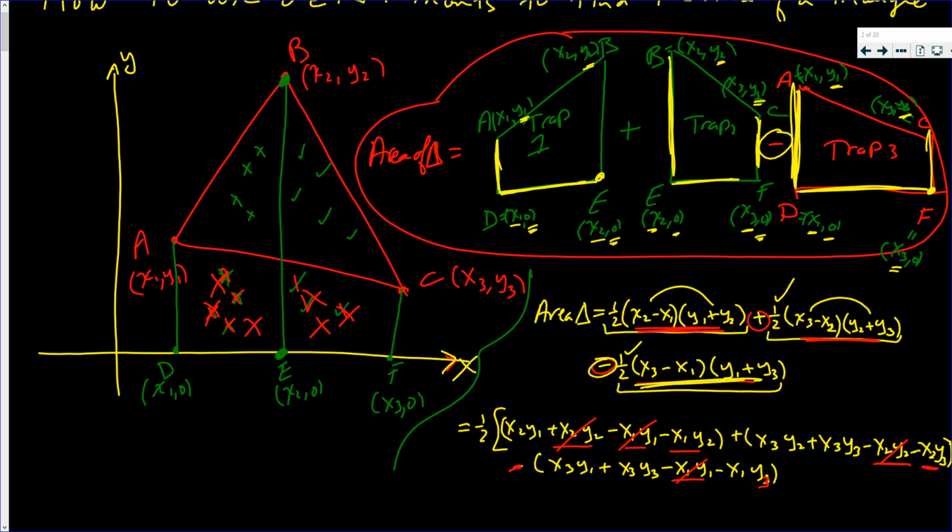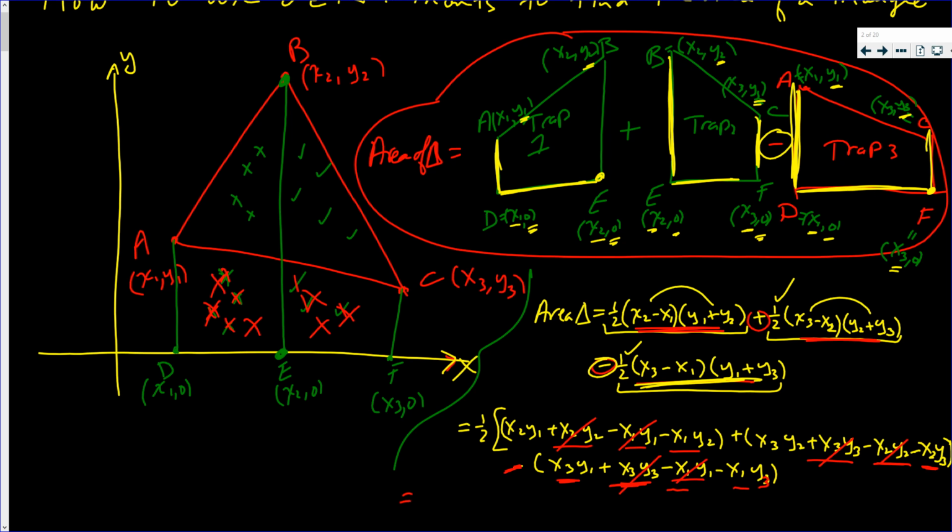I'm also taking away x3, y1. I don't see that anywhere. I'm taking away x3, y3. I have x3, y3, and I'm taking away exactly x3, y3. That will cancel. The next two terms are really being added.